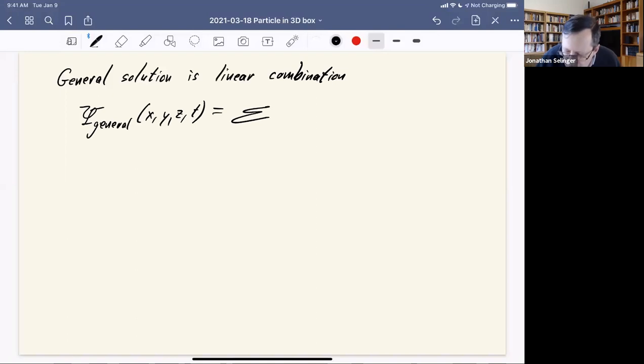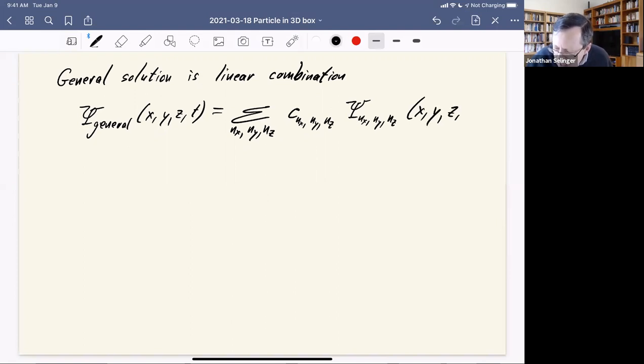That means a sum over nx, and a sum over ny, and a sum over nz of some coefficient c sub nx, ny, nz, times the special solution psi sub nx, ny, nz, which are functions of x, y, z, and time.